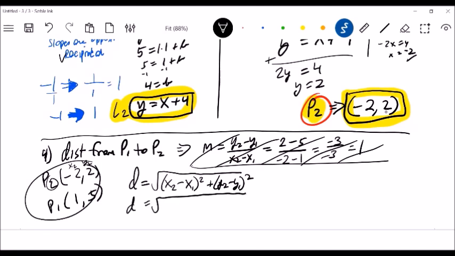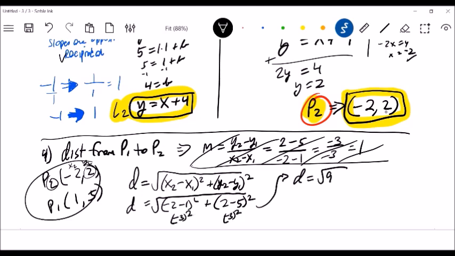So x2 is minus 2 minus 1 squared plus y2. Where am I here? y2 is that one, so it's 2 minus 5 squared. At the distance, this is negative 3 squared, which is a 9.